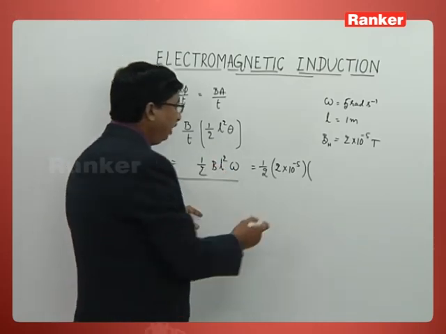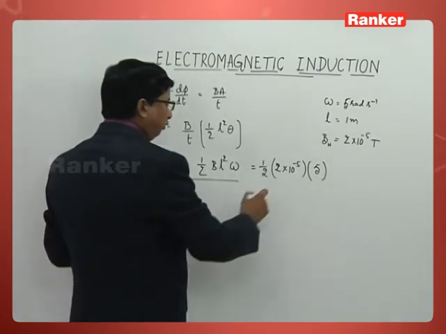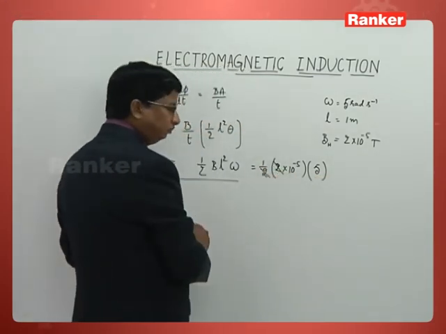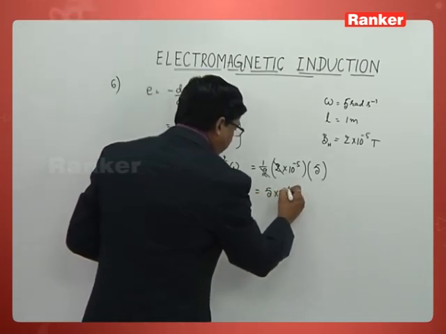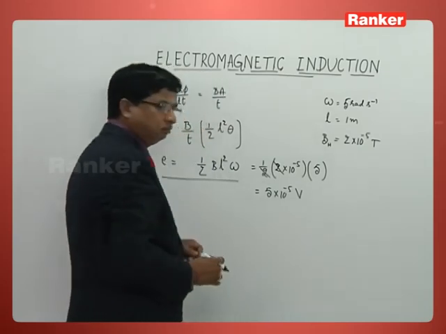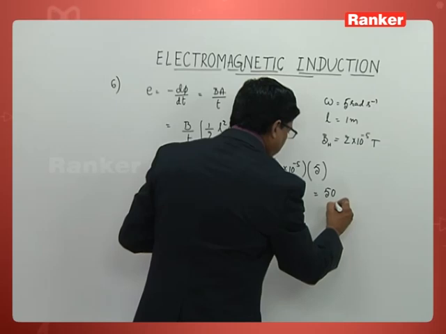What is the other value, omega? It's now 5. In fact, you can cut these two off. Straight away you will get 5 into 10 power minus 5 volt. You can even rewrite the same thing this way, 50 microvolt.